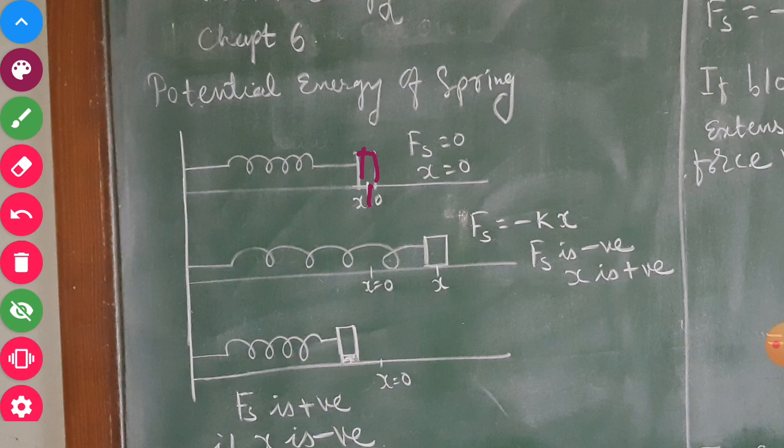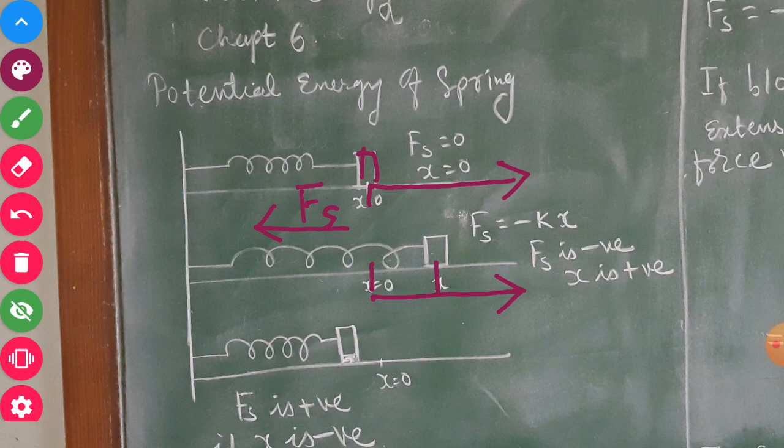Okay, now try to understand that when this spring is stretched in this direction, then a restoring force will be produced in this spring, which is here named as spring force, which will be in the opposite direction of the displacement. If the displacement is in this direction, then the spring force will be in the left hand direction.